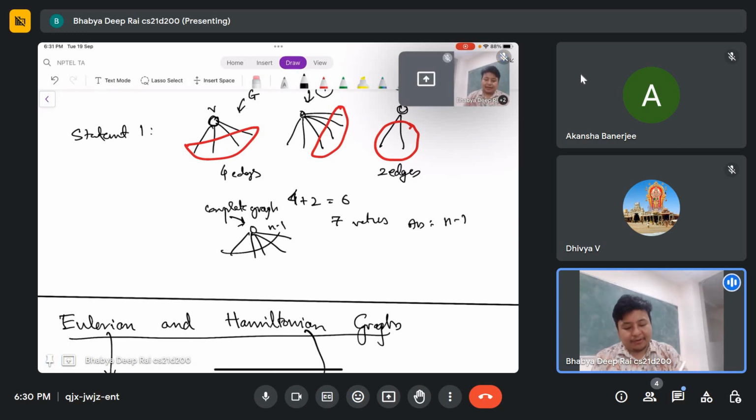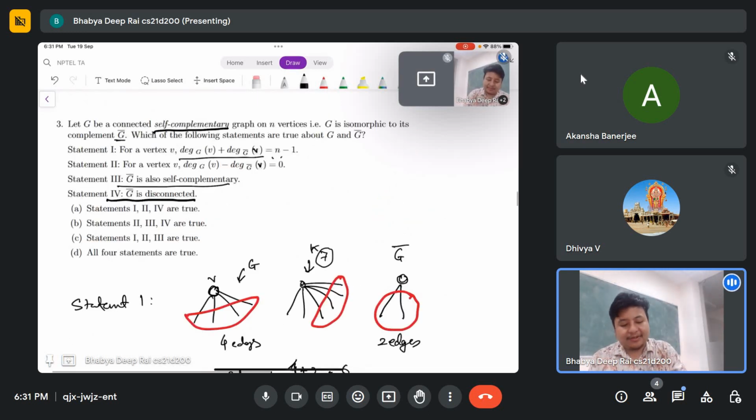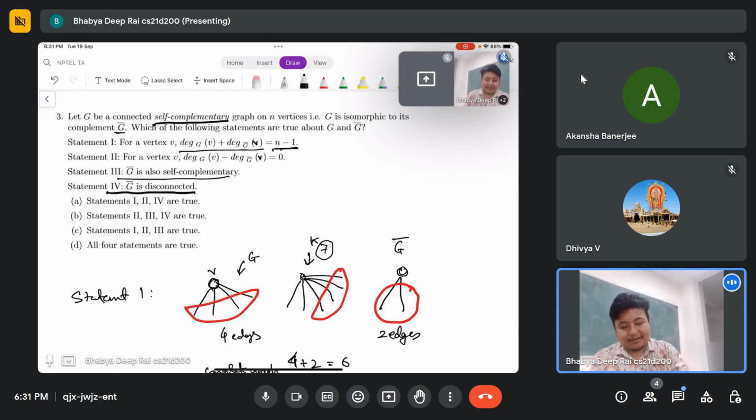Now, from the n minus 1, I obviously remove, while taking the complement, let's say 2 or 3 edges, however you want, and whatever remains will be the degree in the complement graph. So it is true that the sum of the degrees is equal to n minus 1. I hope this is clear, but please let me know if something is not very clear.